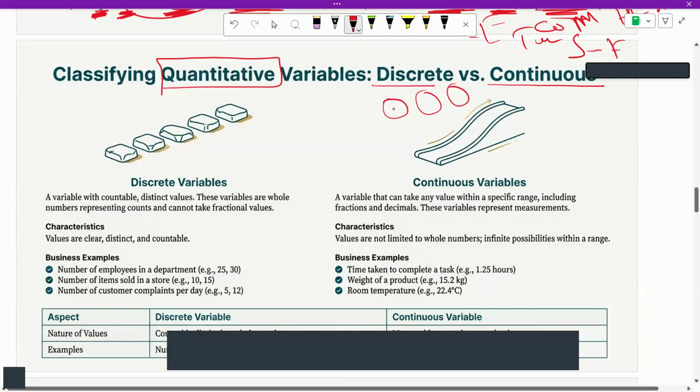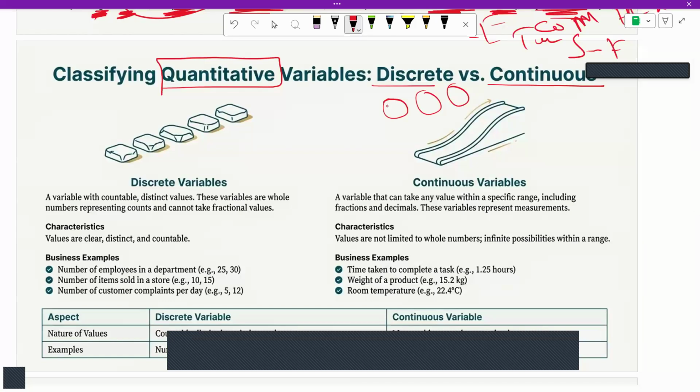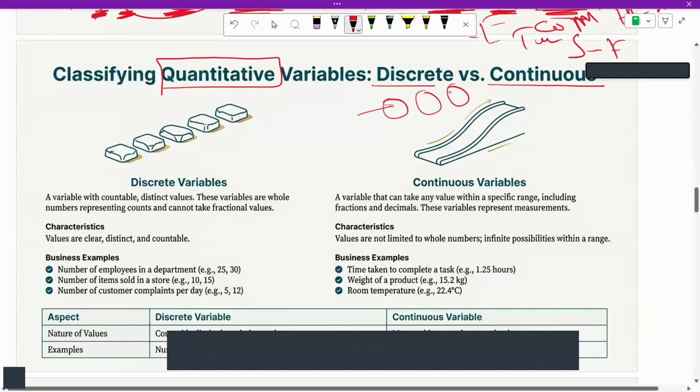For example, number of employees, number of students, number of fruits, and the count. Mostly there comes the count. The continuous has some decimals, fractions, like 0.25, 6.56. So the decimals, fractions, 1/4, 2/5, like this. These are fractions.